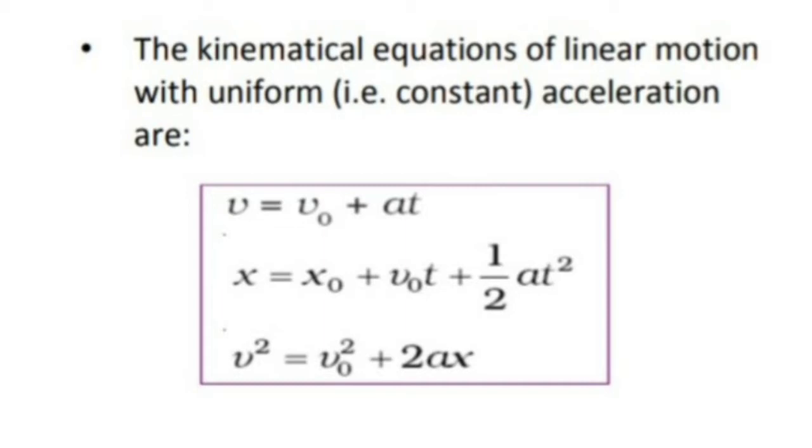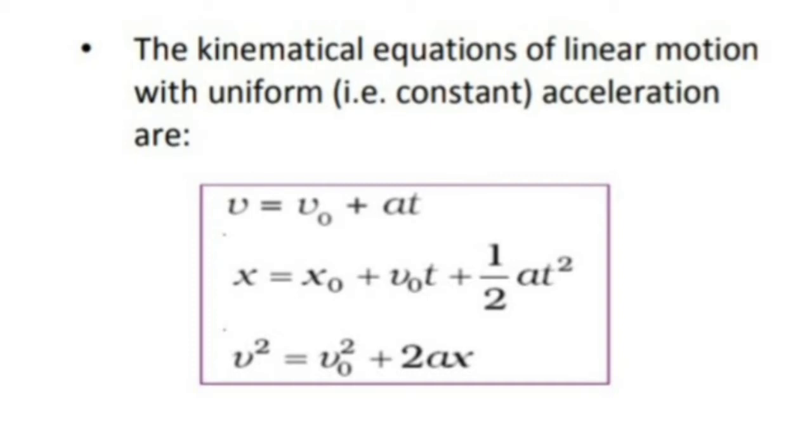Now, by replacing each physical quantity with analogous terms in rotational motion, for example, we can replace v with omega, a with alpha, and x with theta, we can directly write the equations of motion for rotational motion.